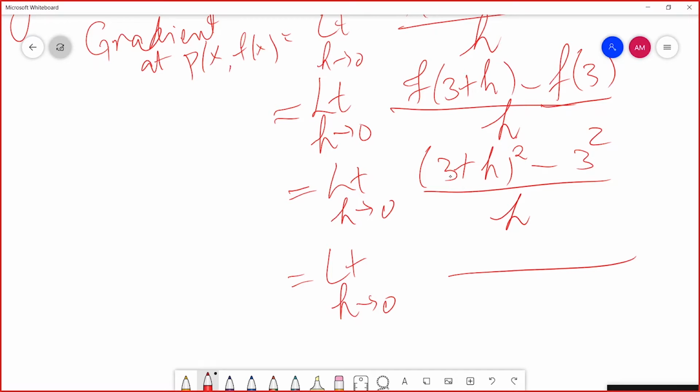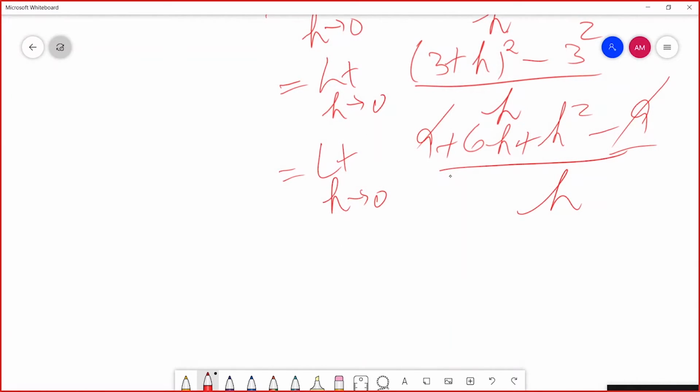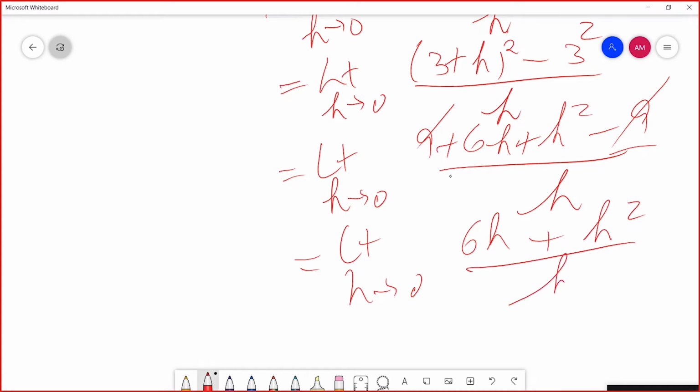It will turn into 9 plus 6h plus h squared, minus 3 square, which is 9, over h. This 9 and this 9 get cancelled because they have opposite signs. So this becomes limit h tends to 0, (6h plus h square) over h, right?